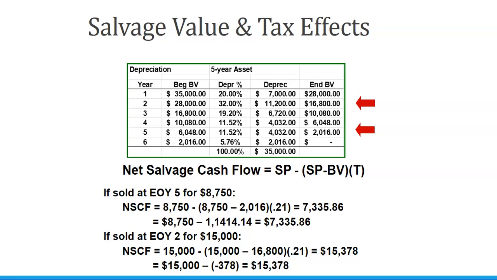So if we sell it at the end of year 5 for $8,750, then we have a difference of the sale price minus our book value that we have to pay taxes on. If we sold it at year 2 for $15,000, where it was less than our book value, we would also have a tax benefit from that.